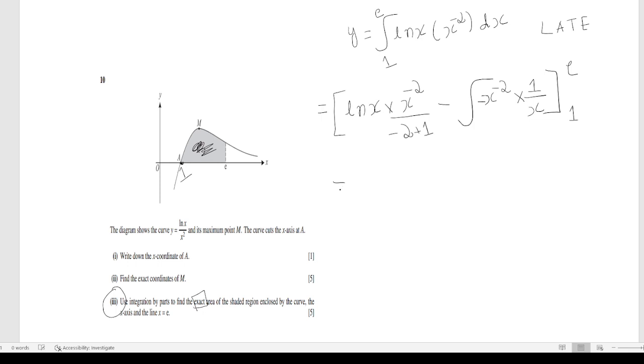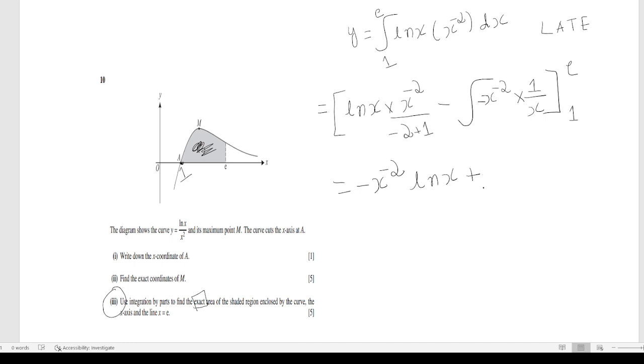So I'm going to write this as minus x to the power minus 2 ln x, and I'm going to write plus over here. The reason why I'm writing plus is because we know that the negative 1 is a constant number, so I can take it out of the integral sign. When I take it out of the integral sign, it's going to get multiplied by the minus, and I'm going to get a plus sign.